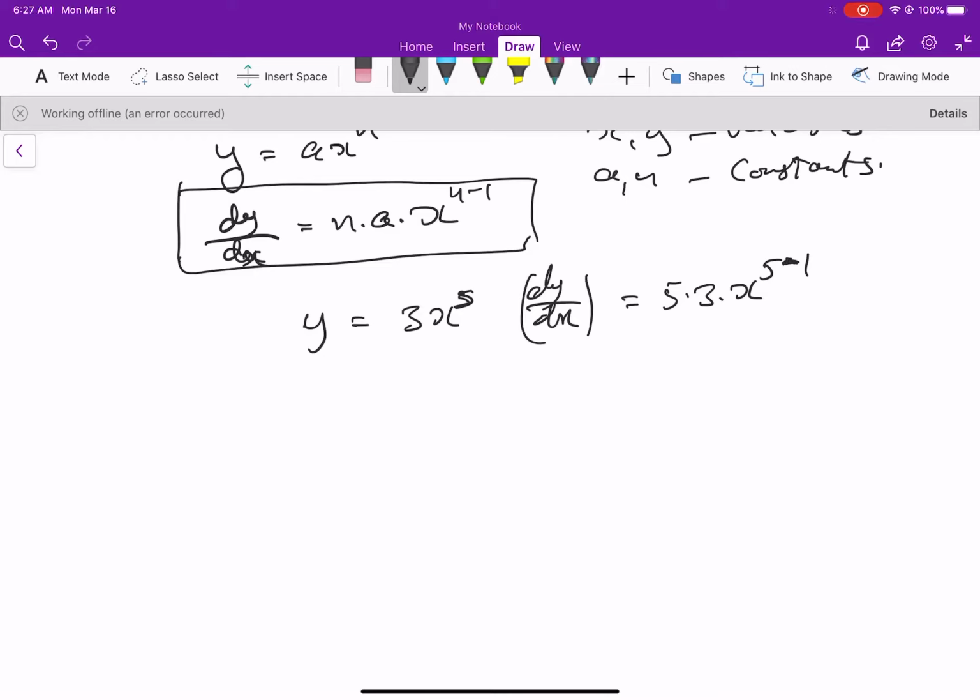Again, you can't get a rule simpler than that. If you tidy that up, the result becomes dy dx is equal to 15x to the 4th.